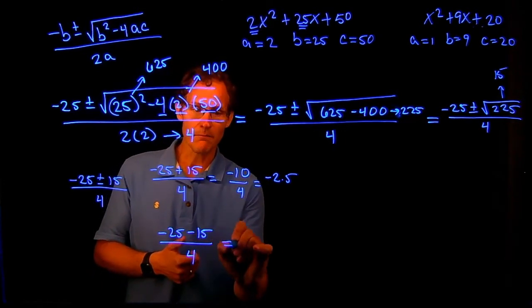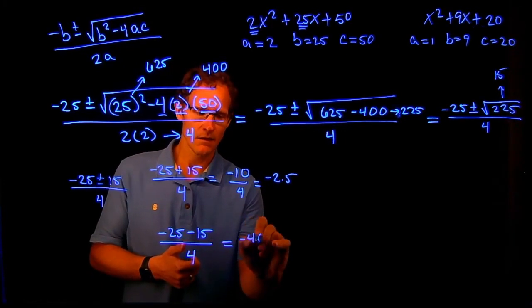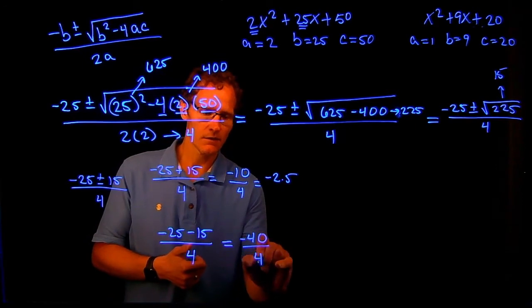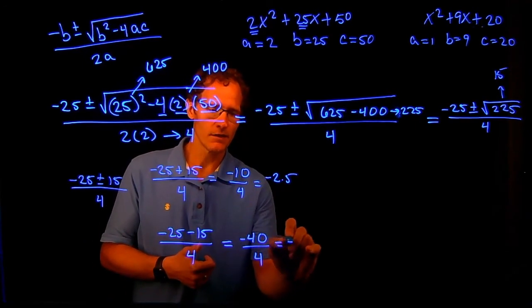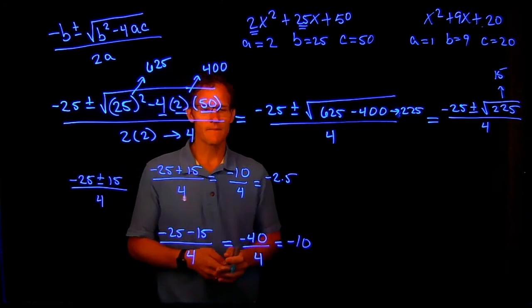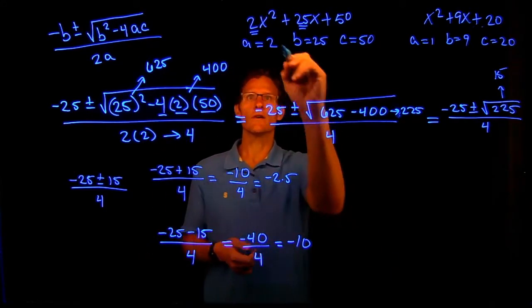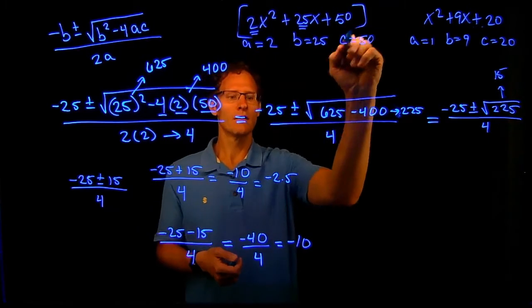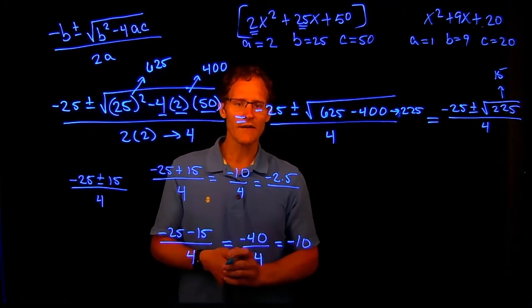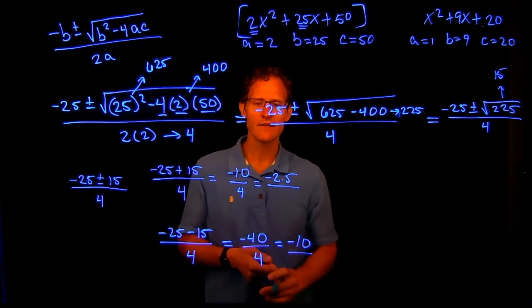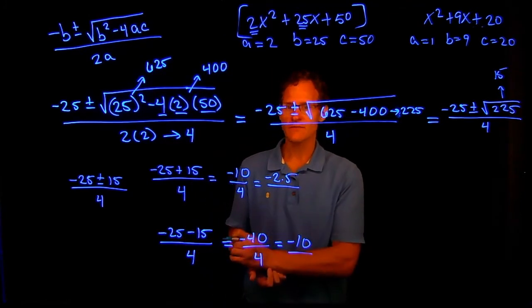Negative 25 minus 15 is negative 40, divided by 4 is negative 10. So our two possible solutions for this equation are negative 2.5 and negative 10. So x can be either of these values.